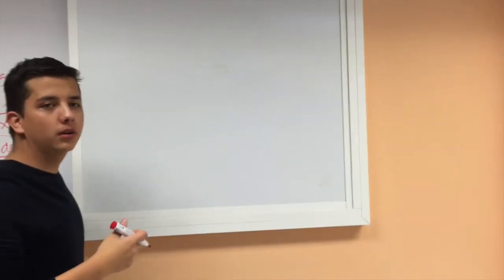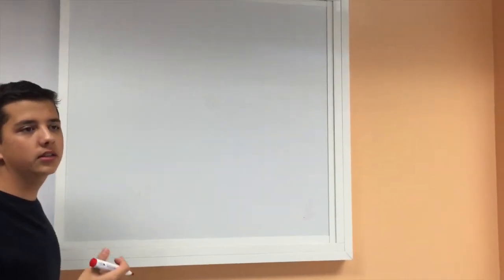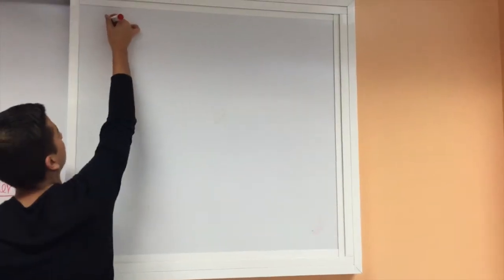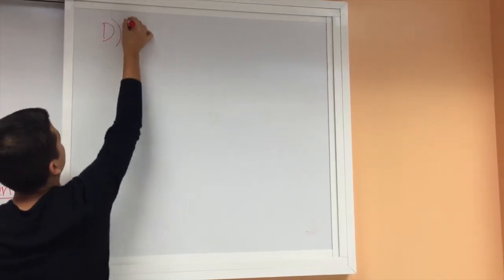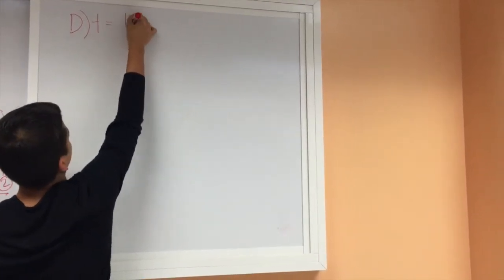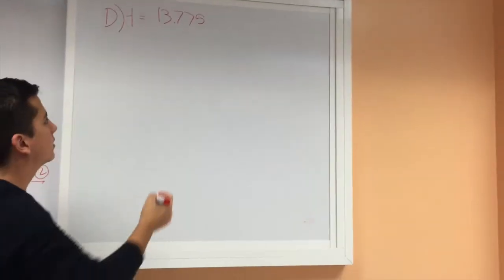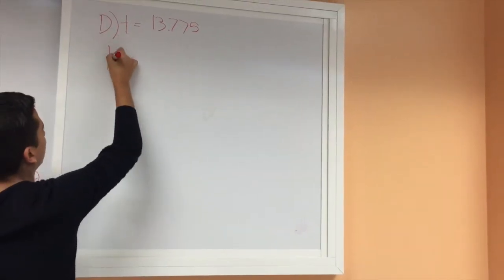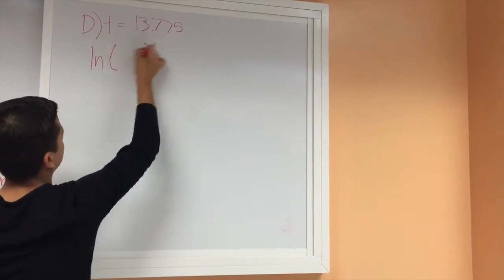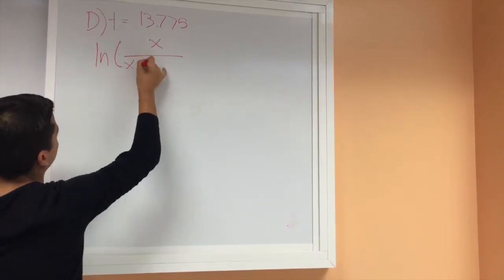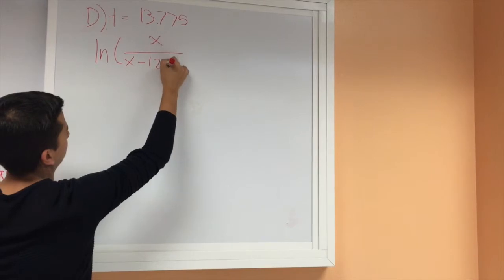Now we are going to do problem D, which is the derivative equation. We have this information that time equals 13.775 ln of x over x minus 1,250.